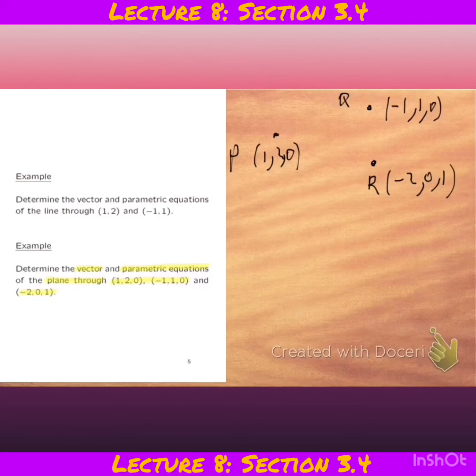What I'm going to do is call this vector V1 and this vector V2.